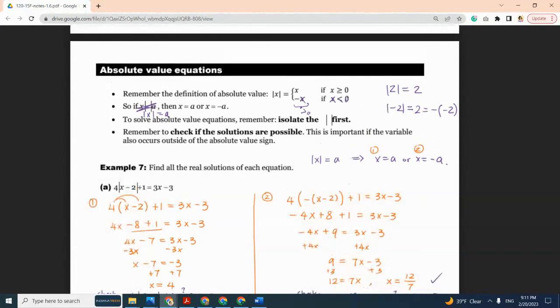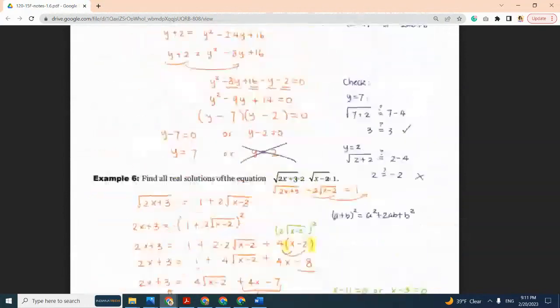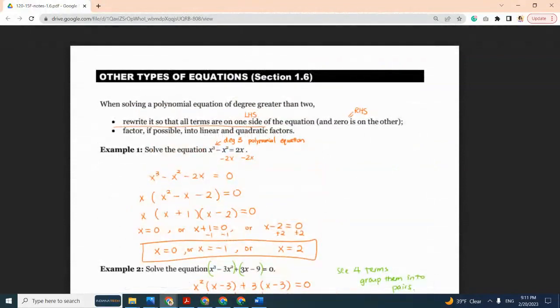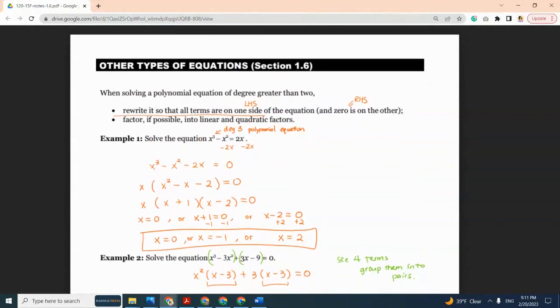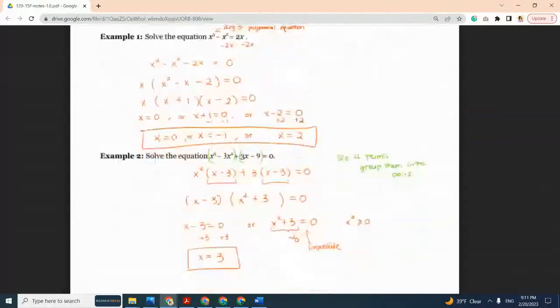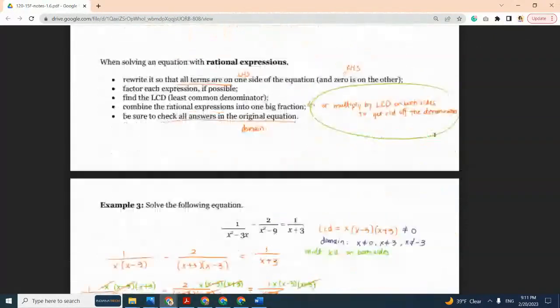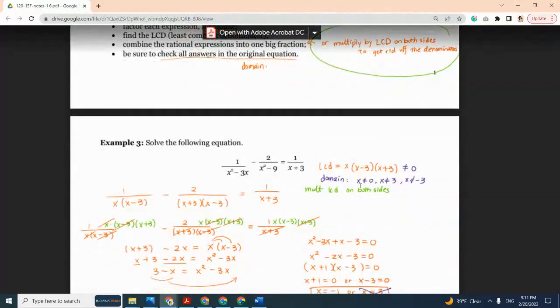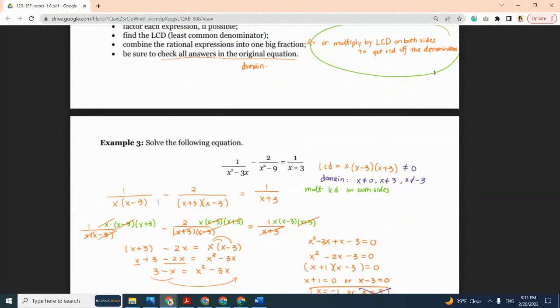Yes. That's why, if we call 1.6, so this is the 1.6 worksheets. Every type of problem, we have different rules. For polynomial equations, you move all the terms to the left and then you factor it. For equations involving rational expressions, you need to find the LCD first, find the domain, and then you multiply some factors in order to get the LCD, and then you combine them and get rid of the LCD.